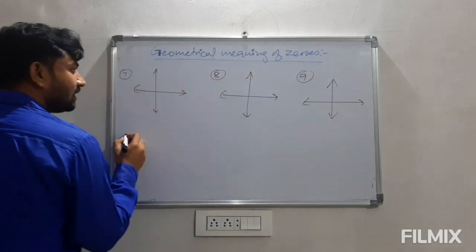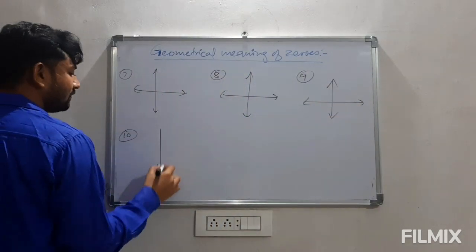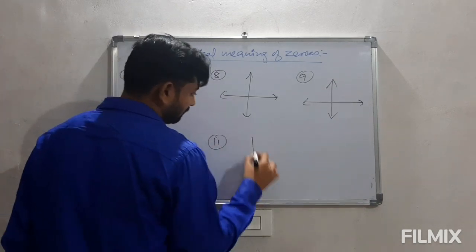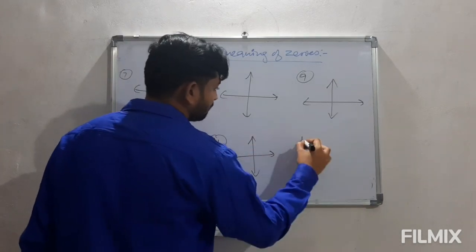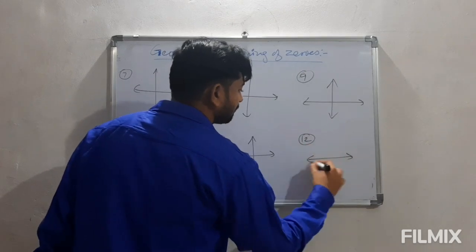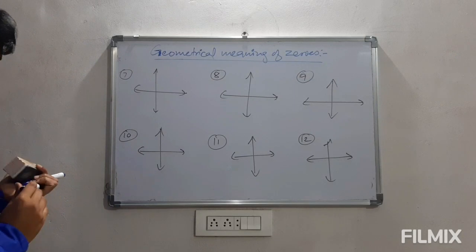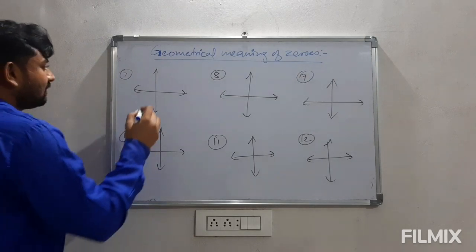So these are the coordinate axes in the Cartesian plane. Now look at this. I am just drawing some graphs over here.